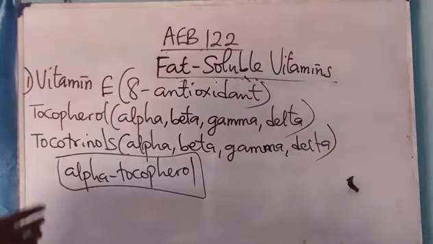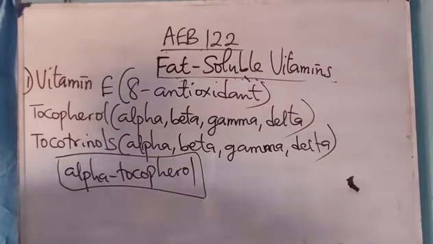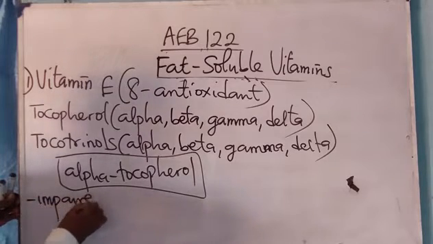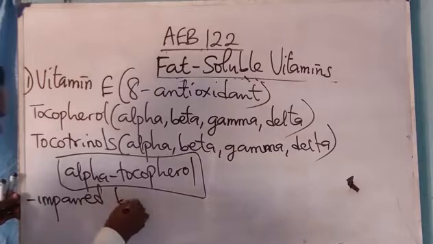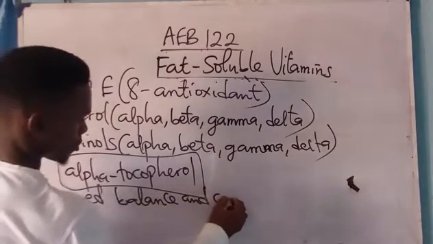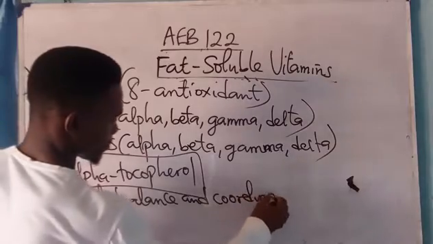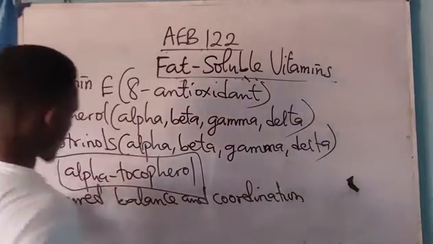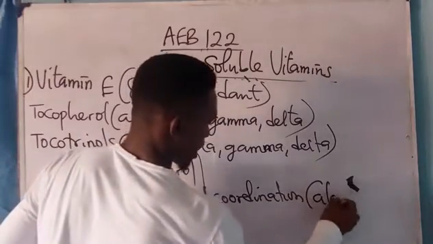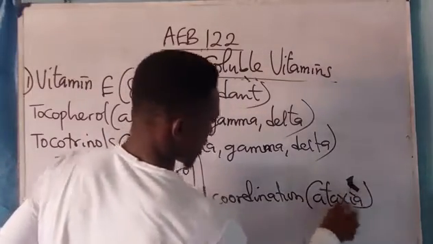Now, lack of vitamin E can result in, one, impaired balance and coordination. Please, impaired balance and coordination is called ataxia.